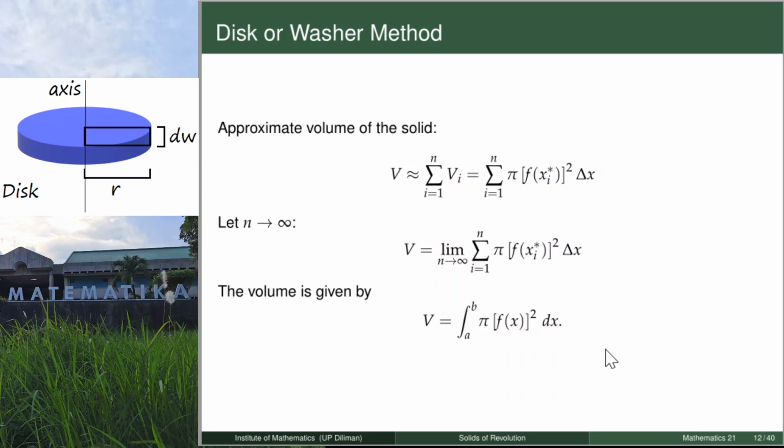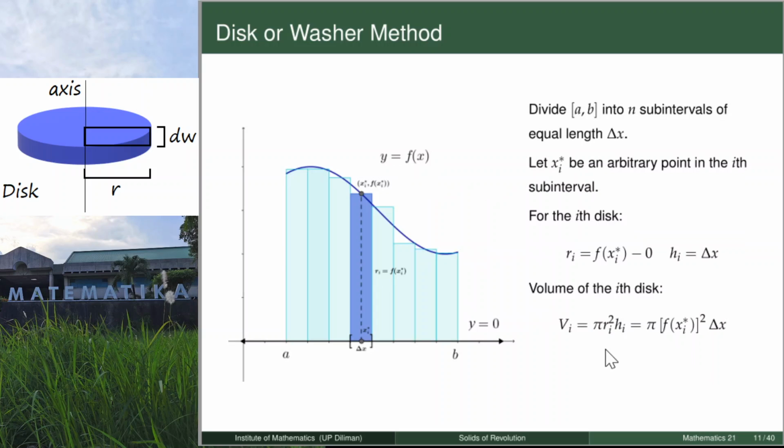In a similar manner, if we have horizontal rectangles and our axis is vertical, so if we have something like that, then we will still have a similar process. But instead of delta x and dx, what do you think will we have? So this time, instead of the x-axis, what we are dividing is the y-axis. And therefore, we will have delta y.